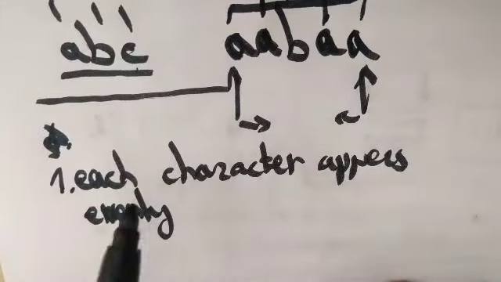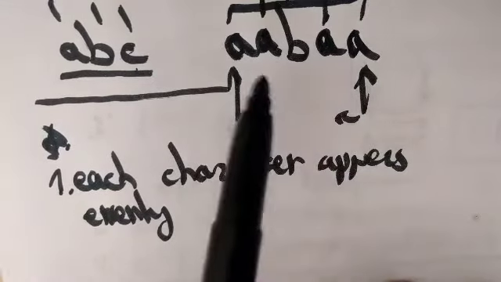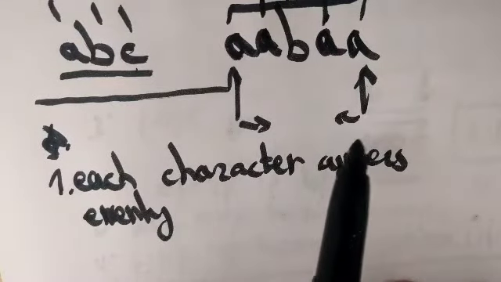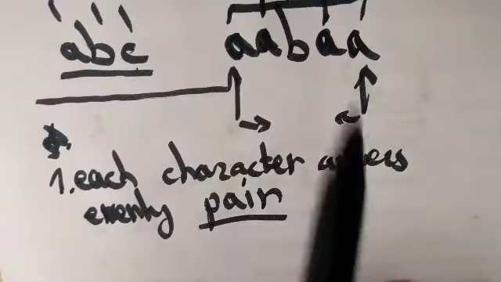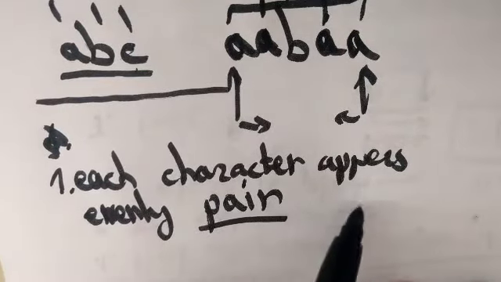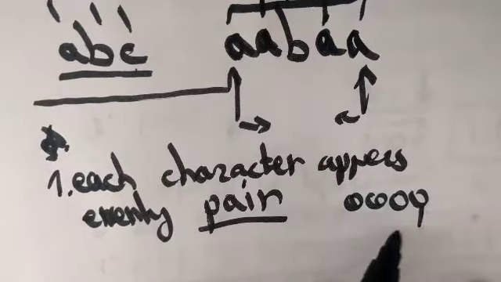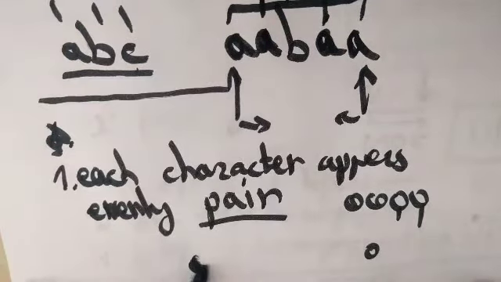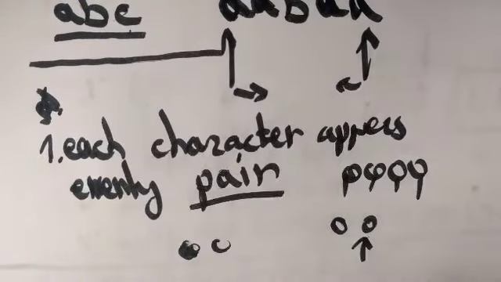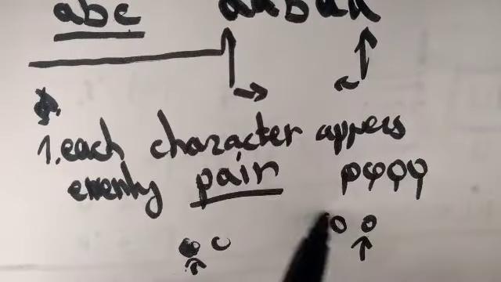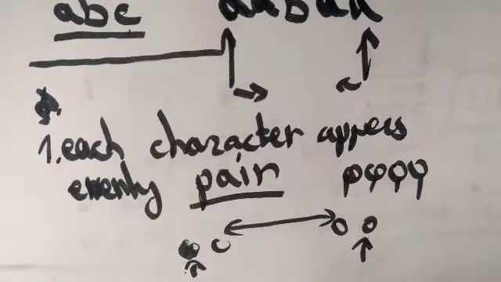If every character appears evenly, then you can reorganize them such that you take every pair from the even number. If it was 4, you take these 2 maybe and put them at the ends of the string. You take then these 2 and you put them at the ends, and then you move the 2 pointers and you get to a palindrome. So you need to have pairs of the chars. Now this is of course except for the middle character.